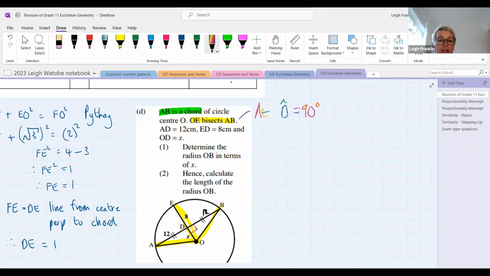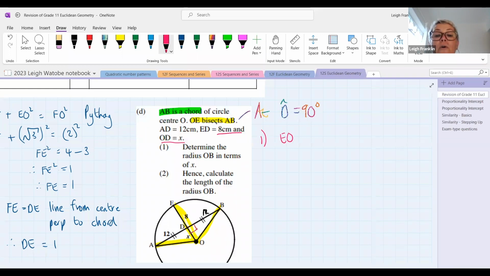So when they ask us to write something in terms of X, it means that we need to write an expression for our answer. So I'm going to show you what I mean by that as follows. All right, I can see that from O to D, it's X units long, and from D to E, it is 8 units long. They've told us this over here. So that means that the length of EO is X plus 8.